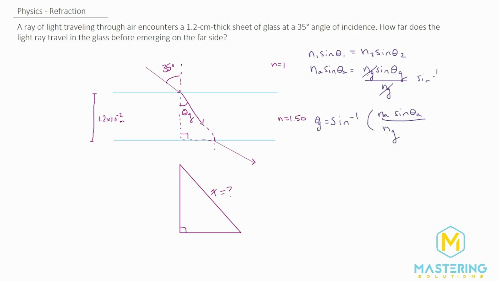Now I drew it like this because you could also isolate them like that. It's the same thing, just notated slightly differently. Theta in the glass will be equal to the inverse sine of n of the air, which is 1, times sine of the angle in the air, theta of the air, which is 35 degrees. And that will all be divided by the n of the glass, which is 1.50, of course.